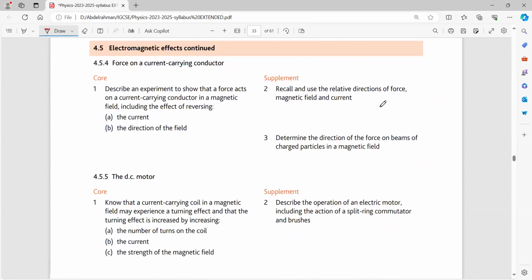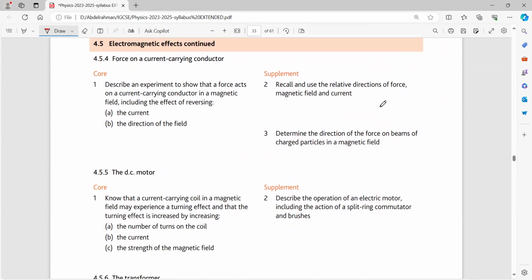Okay, moving on. DC motors. Force on a current carrying conductor. Describe an experiment to show that a force acts on a current carrying conductor in a magnetic field, including the effect of reversing the current and the direction of the field.